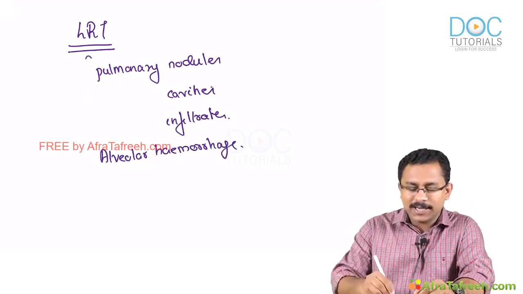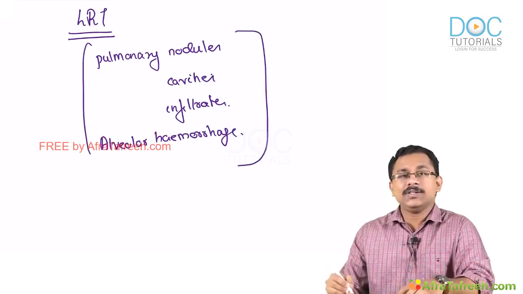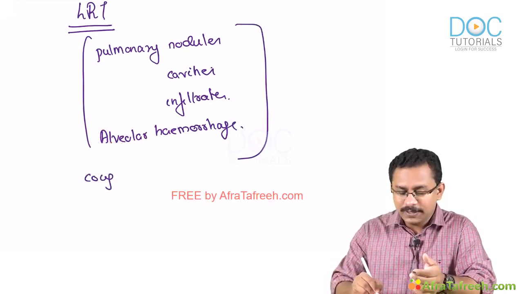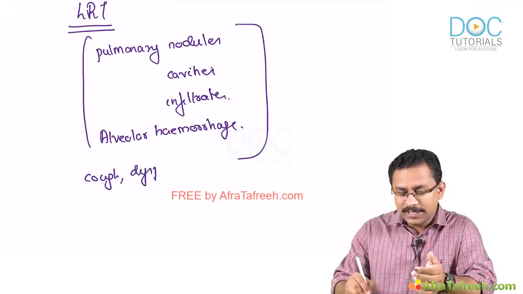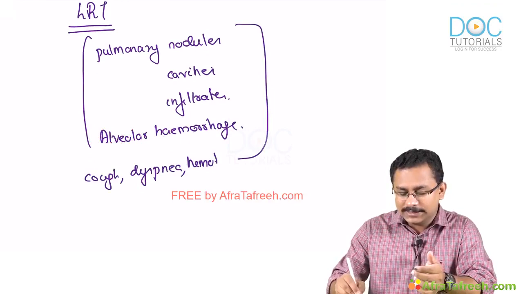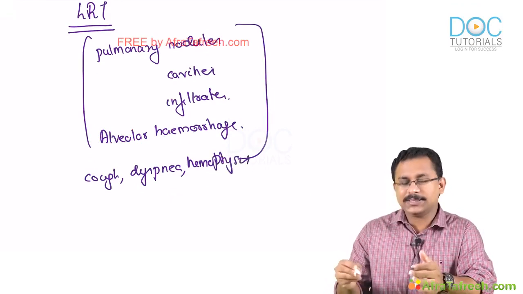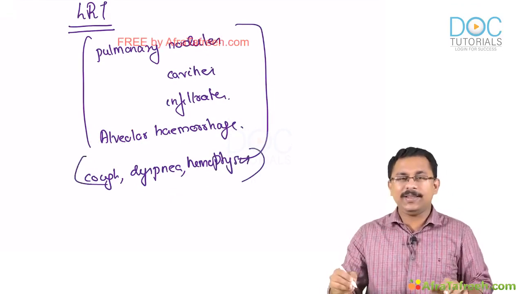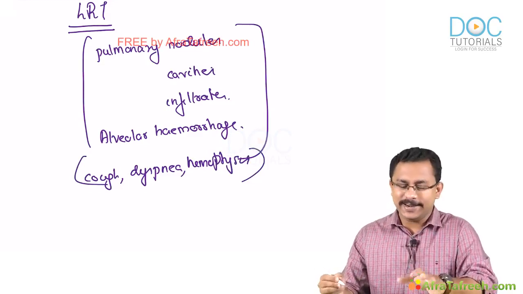So all these are pulmonary manifestations. Patients may have cough, dyspnea, and if there is a pulmonary alveolar hemorrhage, may also have hemoptysis. So all these manifestations may be there because of the lower respiratory tract involvement.